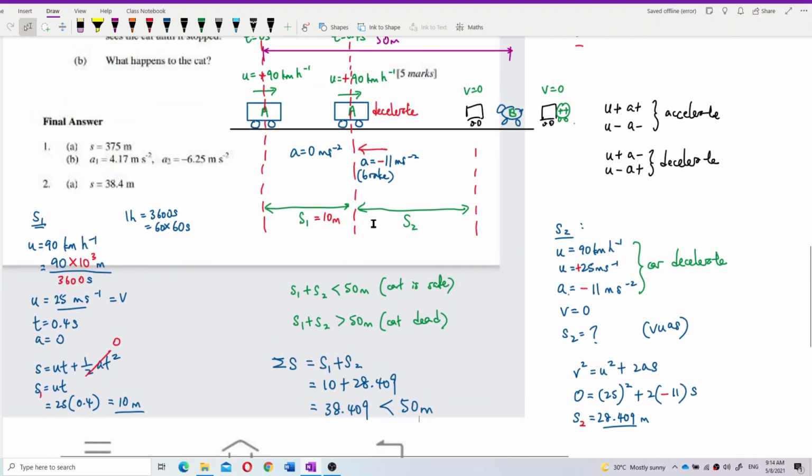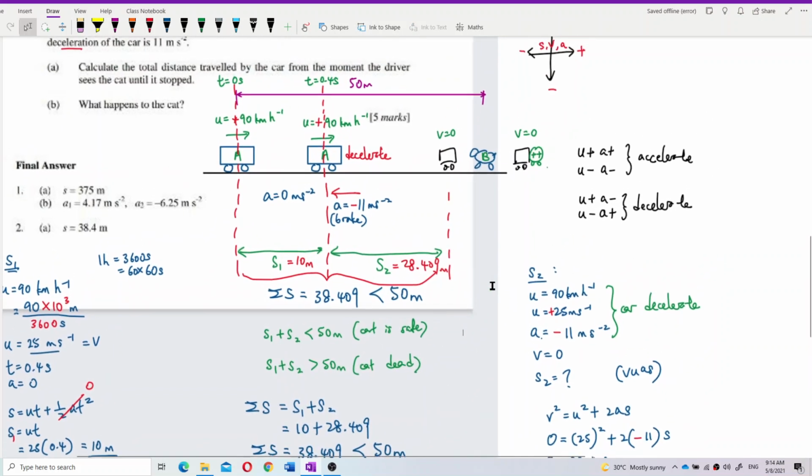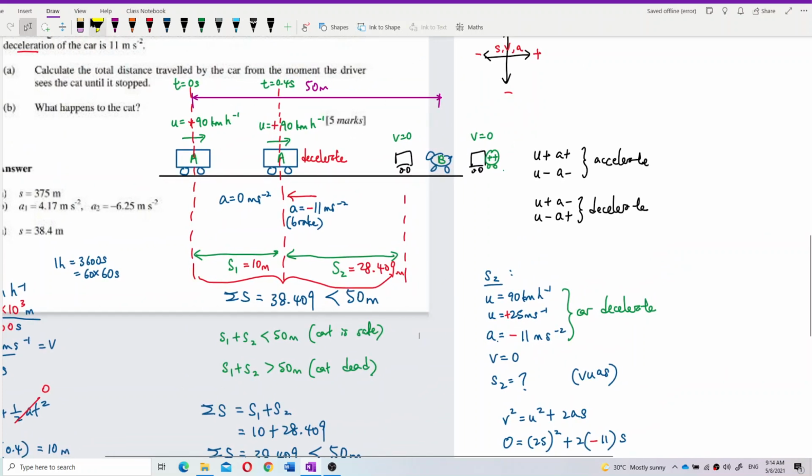I got S2 here, which is 28.409 meter. This is the total S I got; I just copy it here. See?